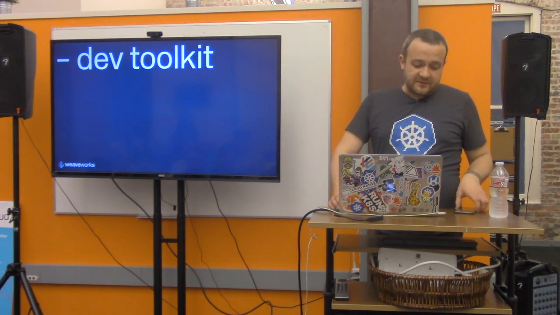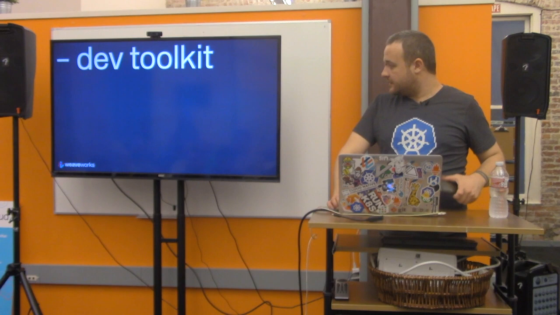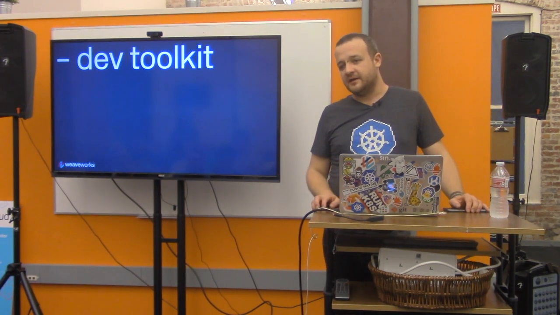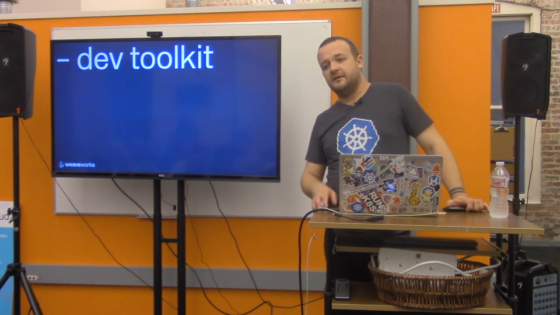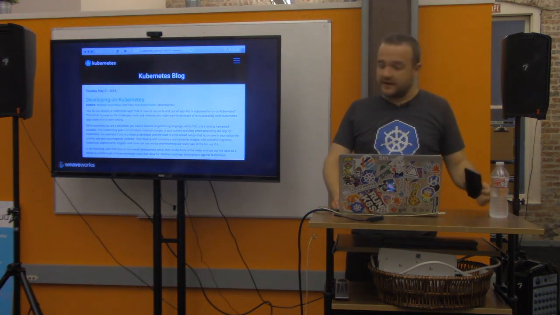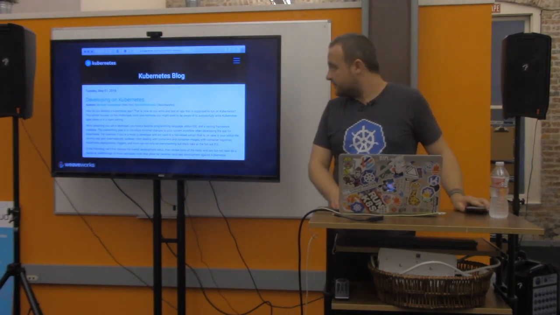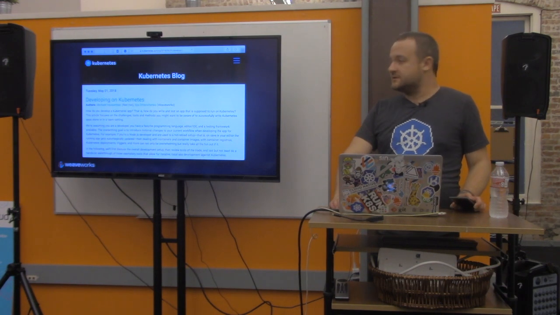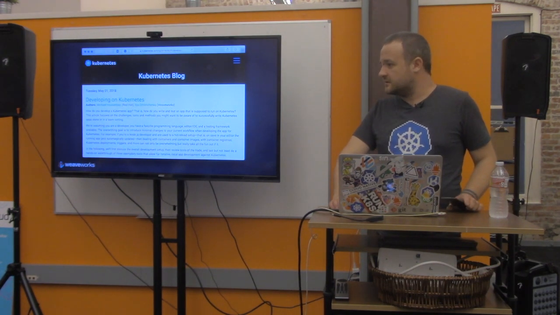So in the last bit, I wanted to mention the Dev Toolkit. As we heard today, there are interesting tools like Telepresence and Scaffold, and there are a few other things. Michael Hausenblas of Red Hat and myself wrote this blog post earlier on the Kubernetes blog. We've been talking about some of these topics in the office hours, so please join our office hours.